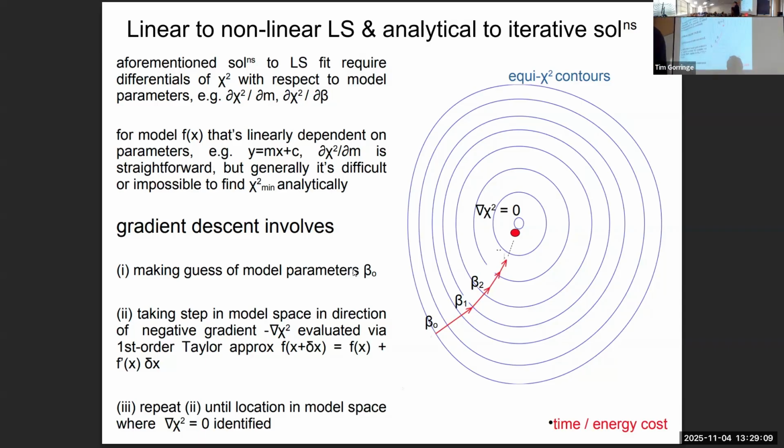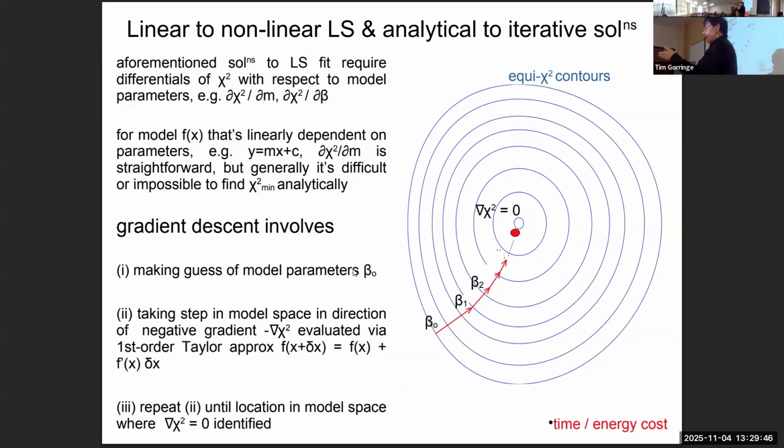At that location, we're going to compute the slope of chi-squared. So we're going to compute a little vector that represents the slope of chi-squared, and we're going to take a step in the direction of that slope, the downward slope. And so this involves calculating the slope of the chi-squared here. We're going to use the first order Taylor expansion, which we've met before.